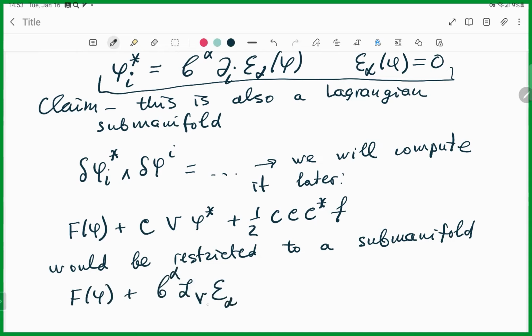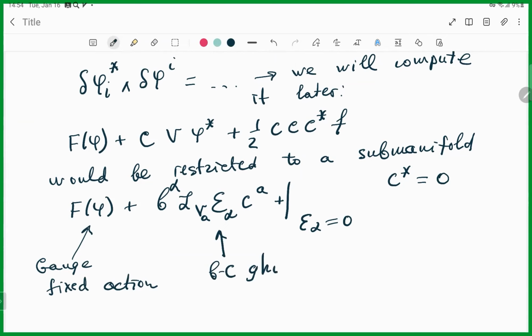And I will also imply the condition that C star equals to 0. And this is called the gauge fixed action. And these are called BC ghosts. So this is briefly how ghosts appear in this language.